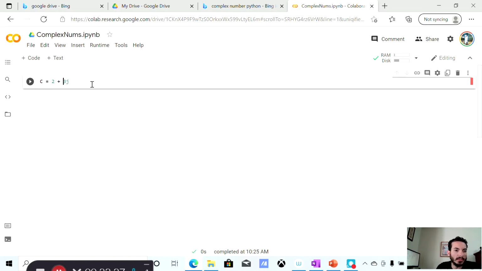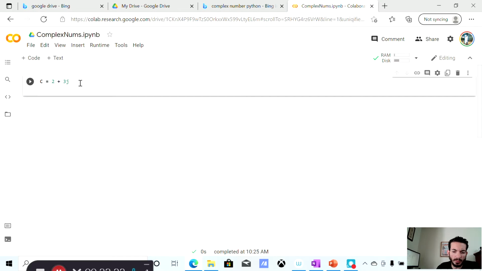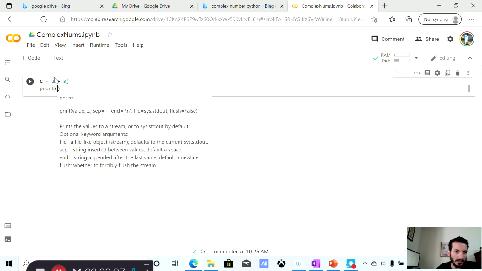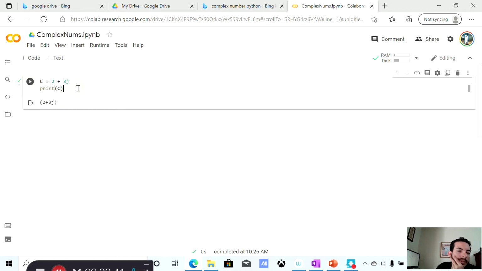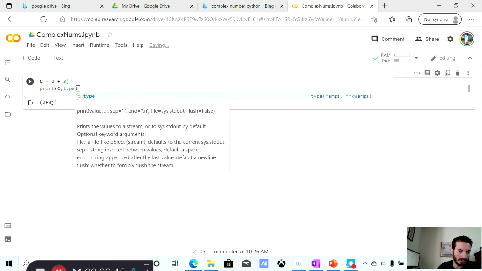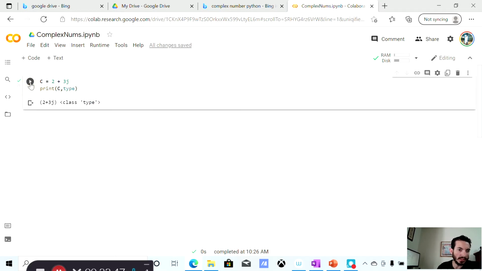Just by adding j, Python knows that you're dealing with imaginary numbers. If you run this, no errors. If you print C and you say type, it will say yes, it's a class in Python, so it's already defined.